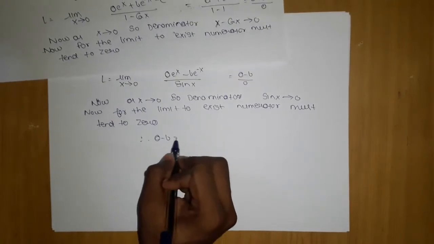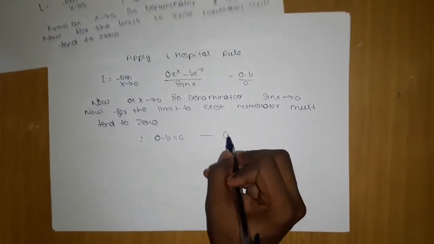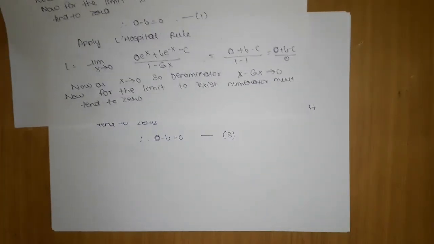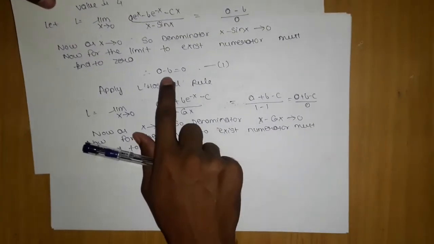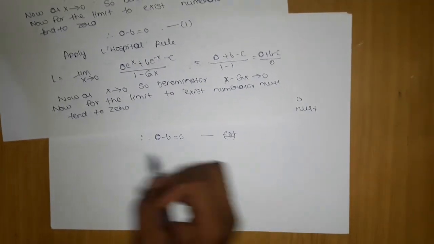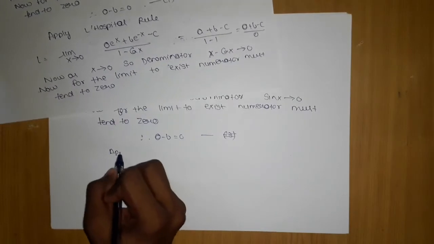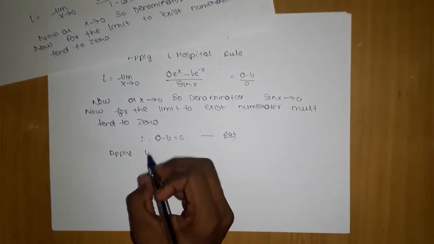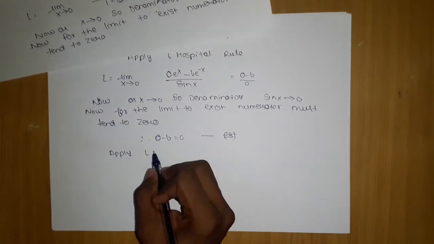Therefore a minus b should be equal to 0, giving me my third equation. This is similar to the equation we got in the starting also, so no need to write it. Leave this. Now apply L'Hopital's rule again, and this will be the last time.